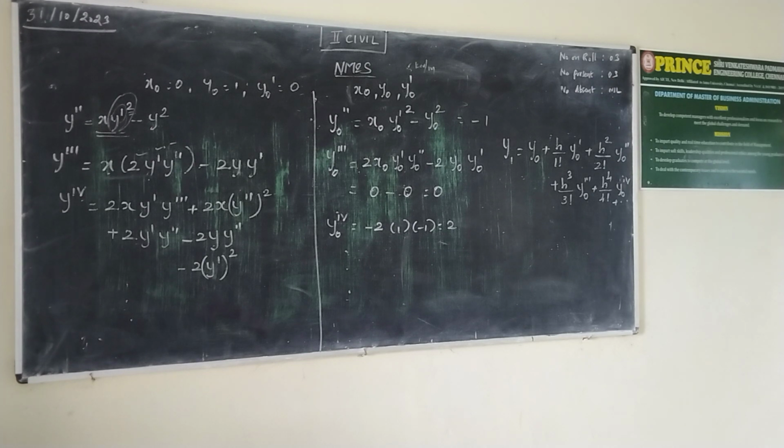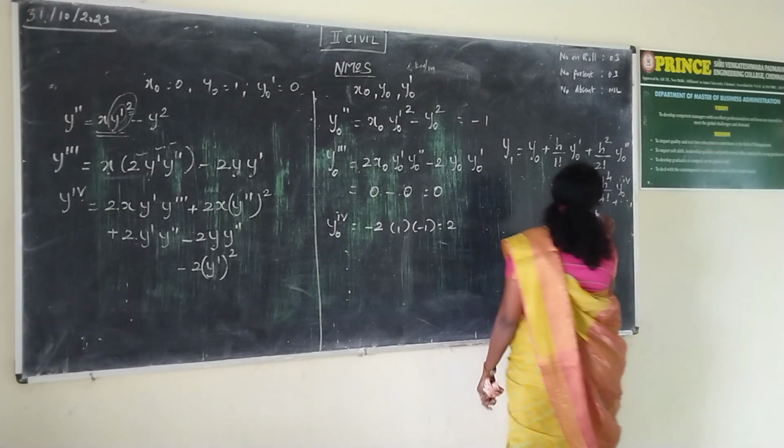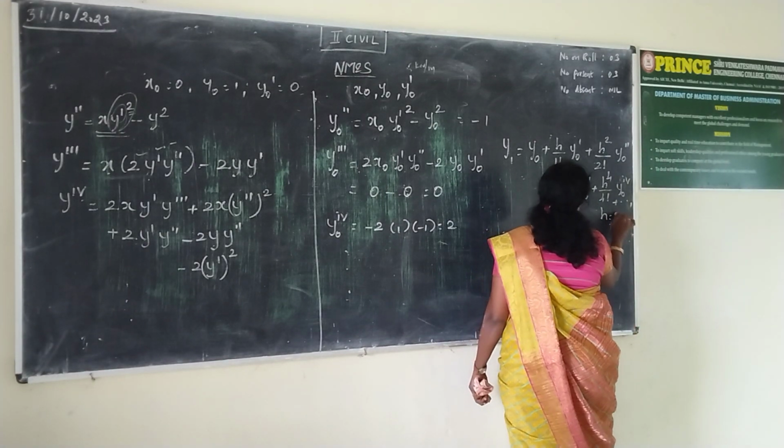What is the h value for our problem? What is the h value? 0.1. So you are going to solve y1 with h is equal to 0.1.